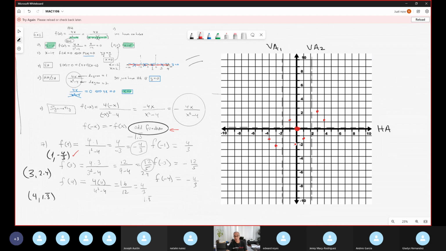You can plot more points if you want, but no, because you take advantage of symmetry. I know that part is positive. It approaches asymptotically but never touches. Here it crosses the horizontal asymptote, and let's move on to the negative part and approach it asymptotically.